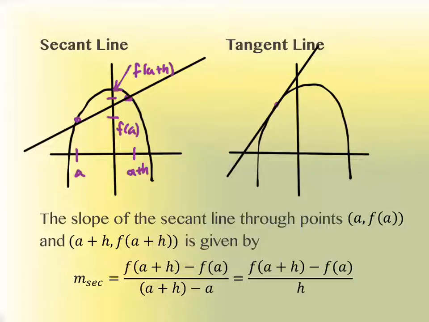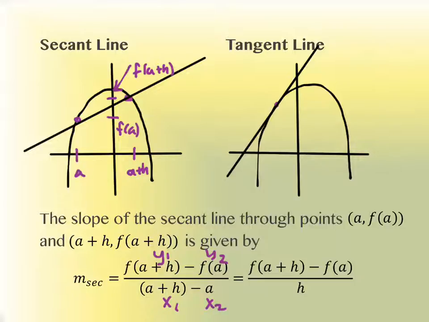The way we find the slope of a line is we take the y values and subtract them in the numerator, and we take the x values and subtract them in the denominator. So the two y values from these points are f of A plus H and f of A, and the two x values are A plus H and A. These are y values on top, like y1 and y2, and these are x values like x1 and x2.